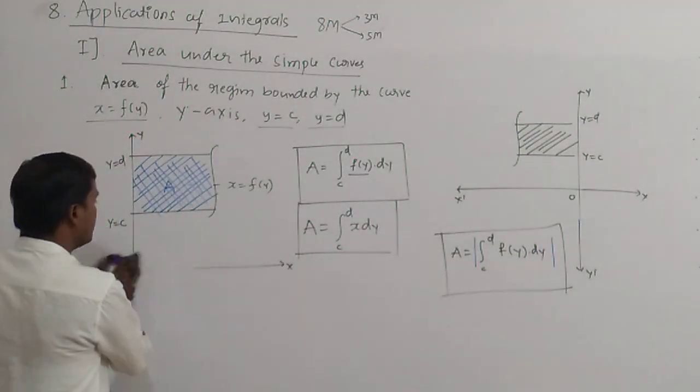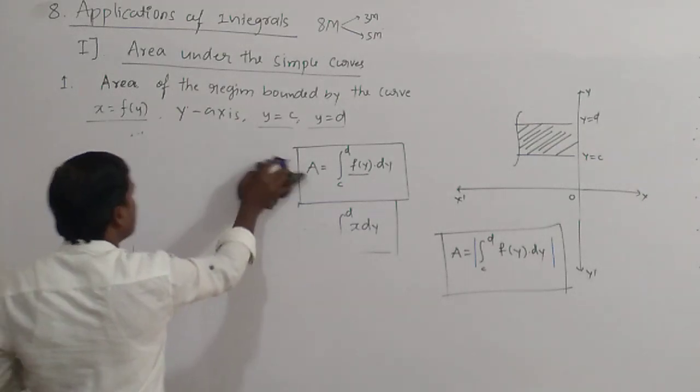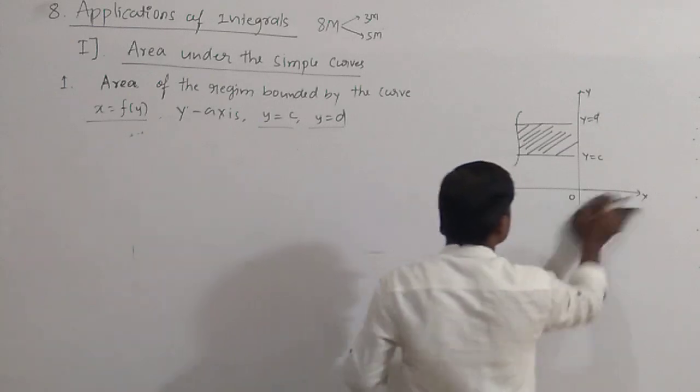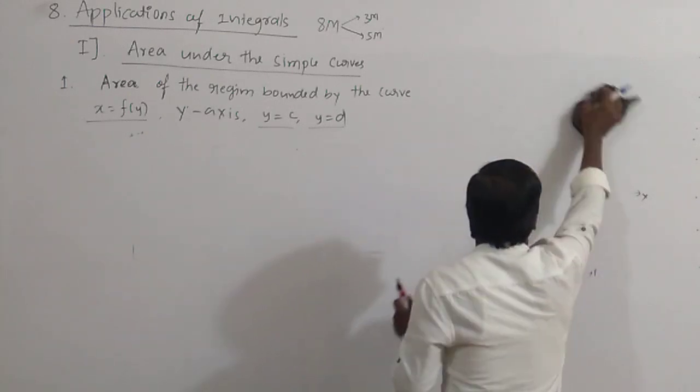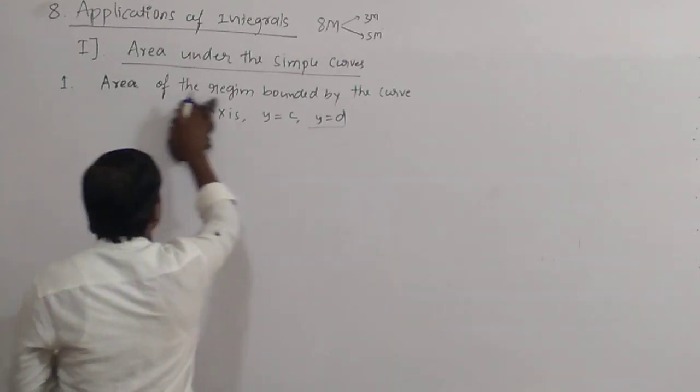So again we will study, suppose the area is bounded by the curve y equal to f of x. Here I will remove this one.